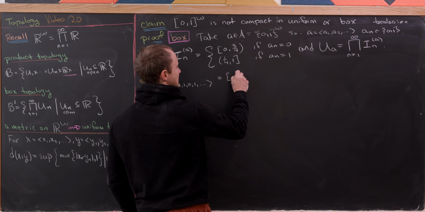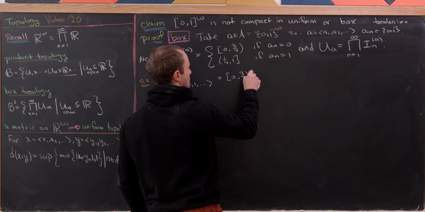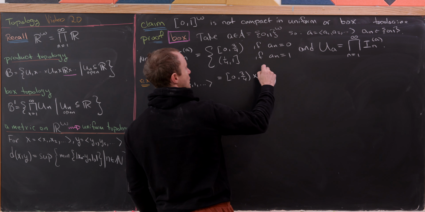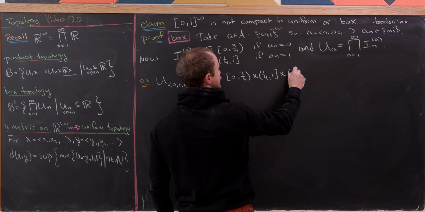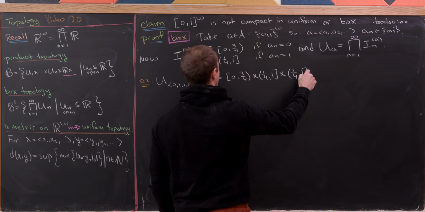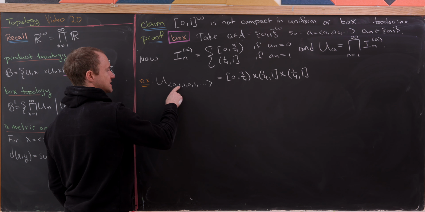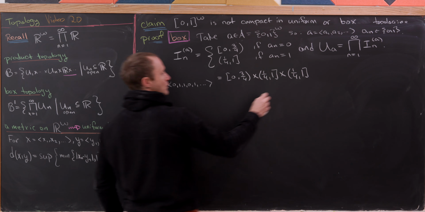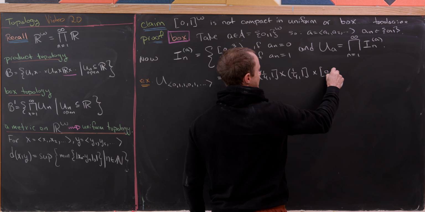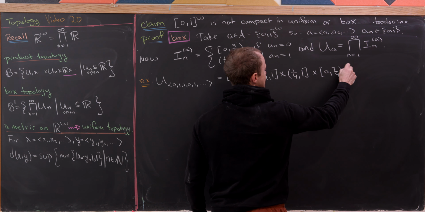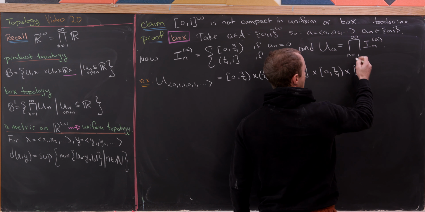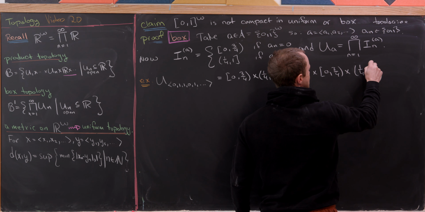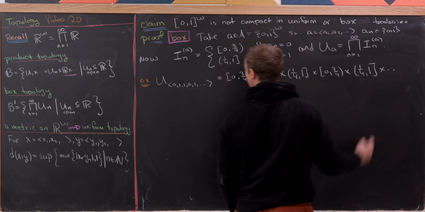That's going to be the interval 0 to 3/4 crossed with the interval from 1/4 to 1 crossed with another interval from 1/4 to 1, because we have 0, 1, 1. And then we cross that with the interval from 0 to 3/4, and then we cross that with the interval from 1/4 to 1, and then, well, we keep going.